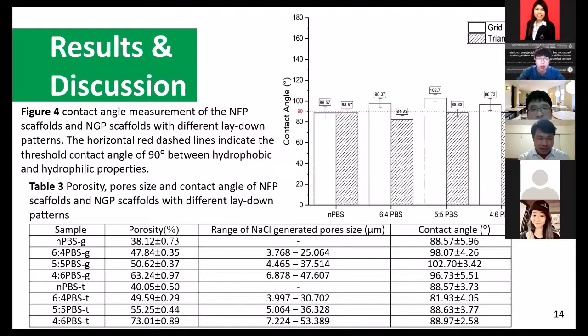Because some properties influence or affect the contact angle in terms of porosity.